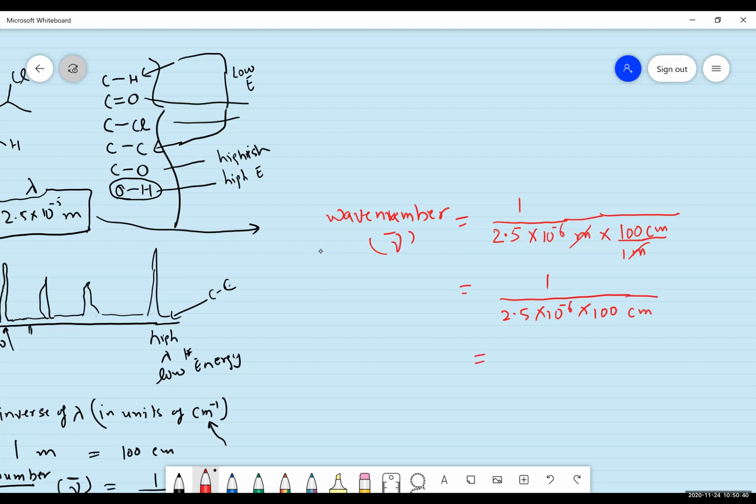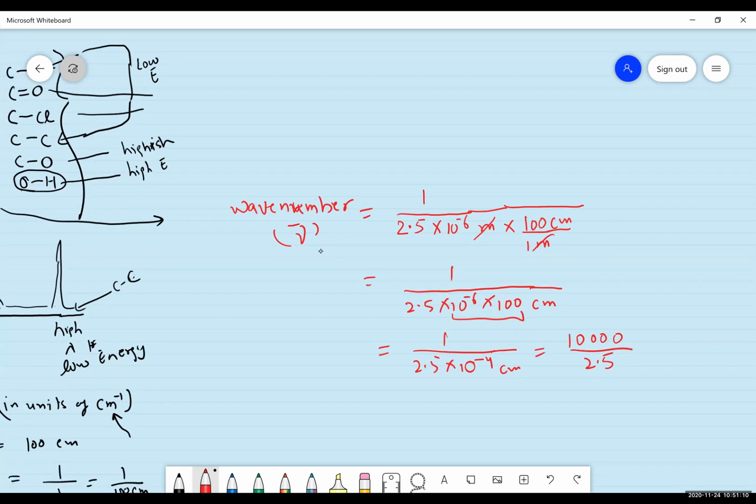If we solve this whole thing, these two together give 2.5 times 10 to the negative 4 centimeter, which equals 10 to the positive 4 divided by 2.5 centimeter, and when we divide it, we will get 4,000 centimeter inverse.